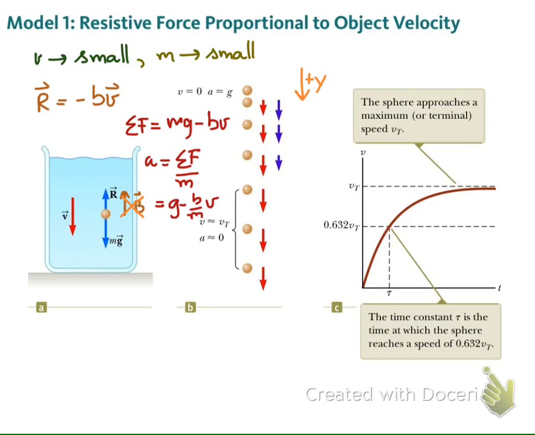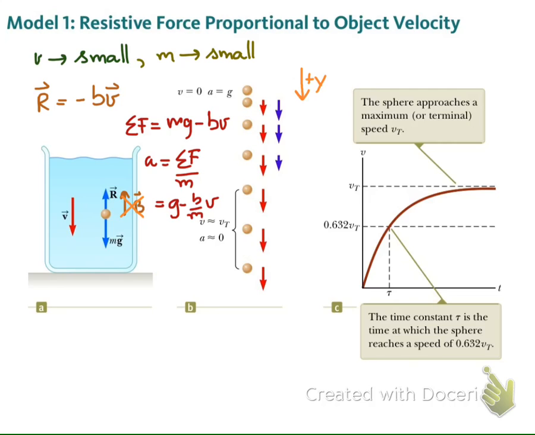So when we have the acceleration, it means that the velocity increases, the speed increases, the resistive force increases, and the net force will decrease, because mg is a constant, but bv is increasing when the object moves downward.